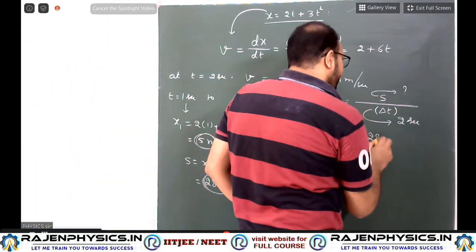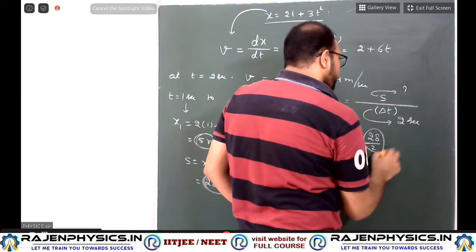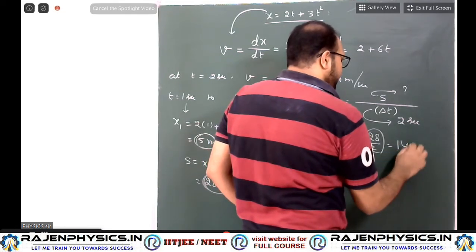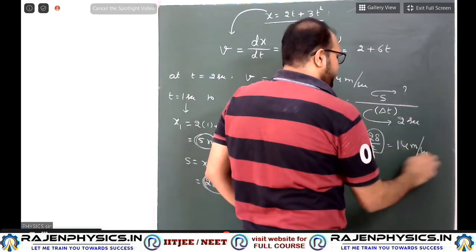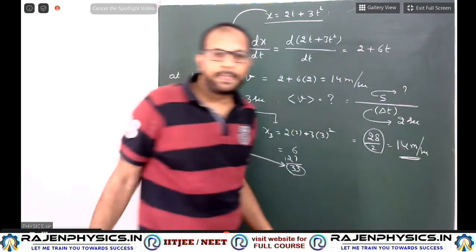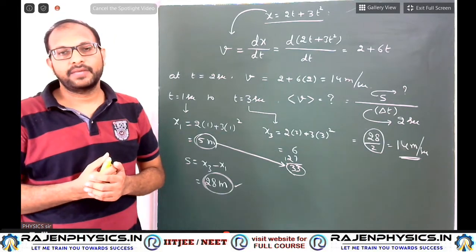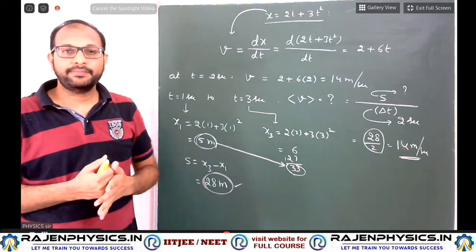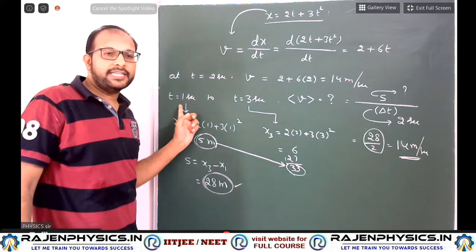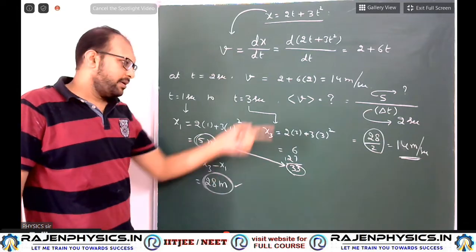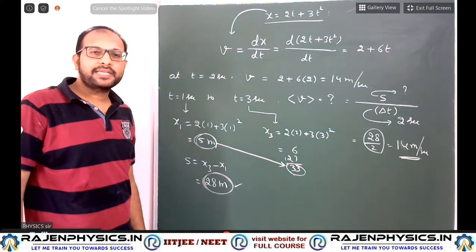So 28 divided by 2, that is 14 meter per second. So this is the average velocity in the time duration from 1 second to the third second. We got 14 meter per second.